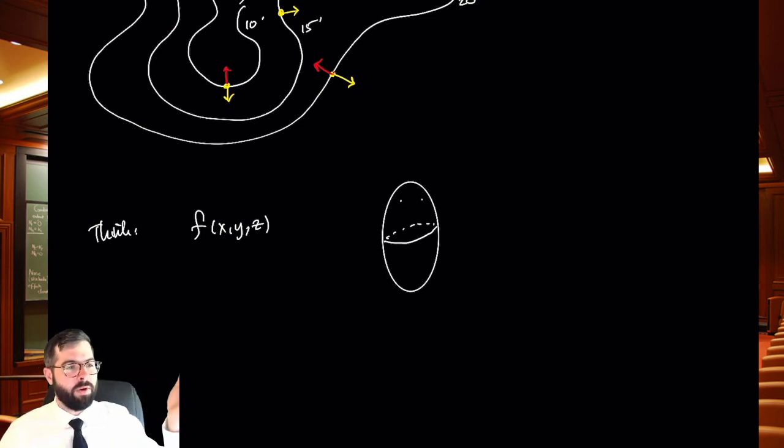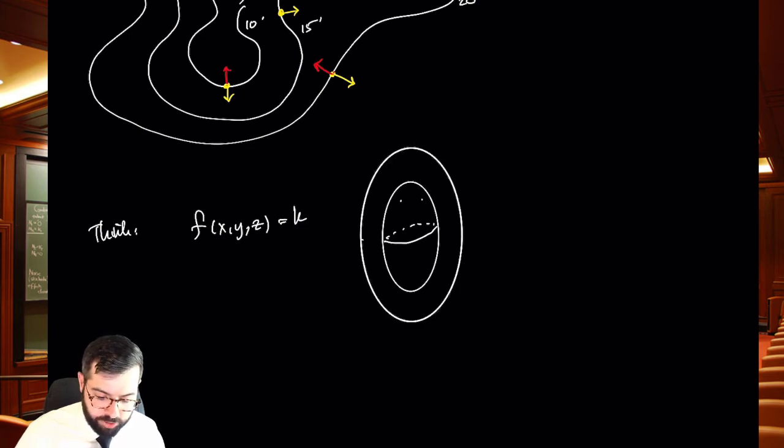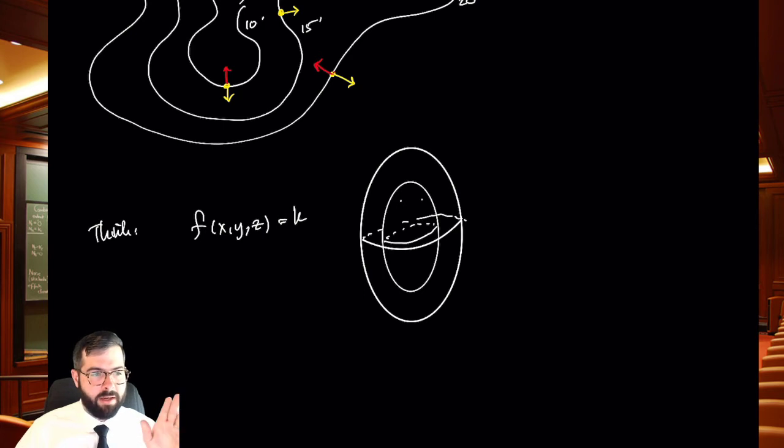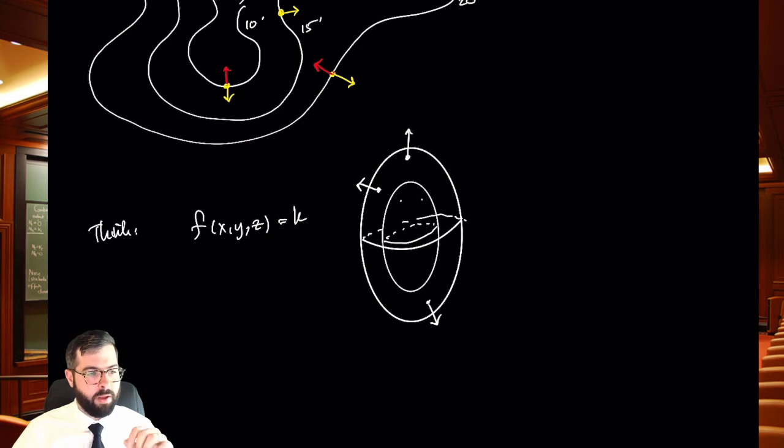So it's really a four-dimensional function. But these level surfaces, if I let them be equal to k, I might have some shells like this. And so the gradient is going to find the normal vector away from these level shells as well.